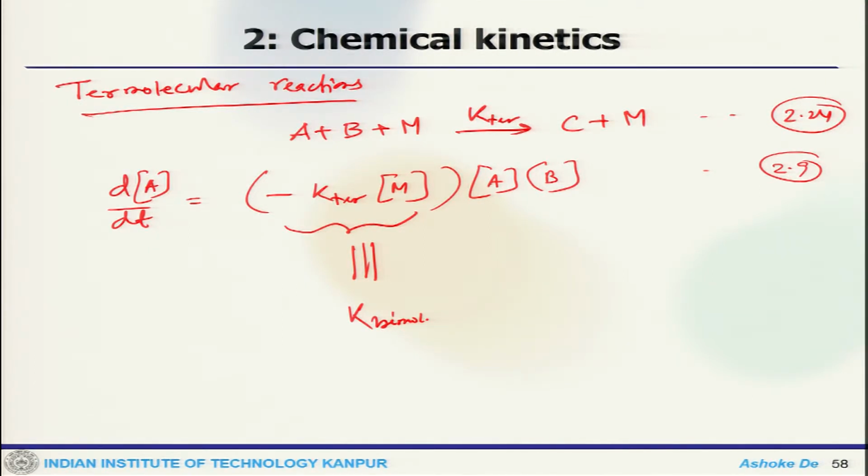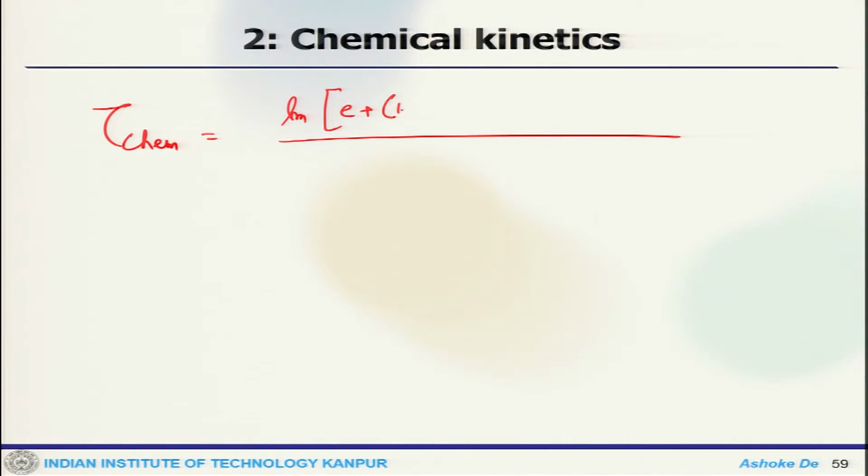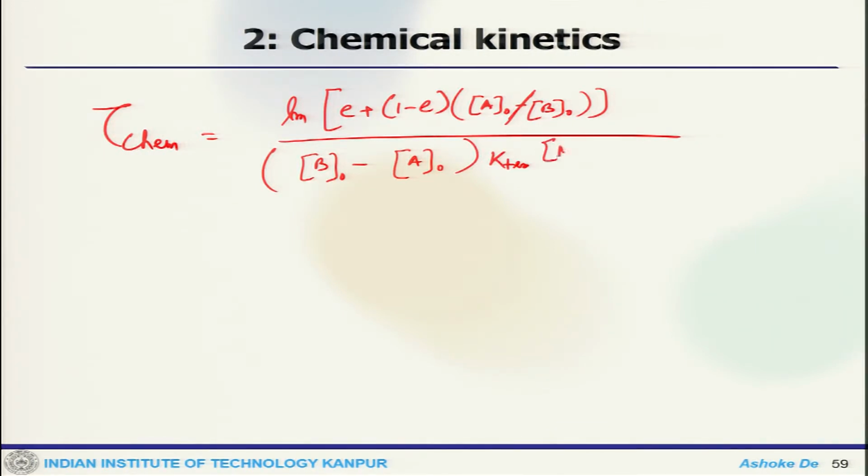Then the characteristic time scale for the trimolecular system one can estimate as ln of (E plus 1 minus E A naught divided by B naught), where B naught minus A naught is multiplied by the K term into M. So, this is exactly where the equivalency with K bimolecular comes in.